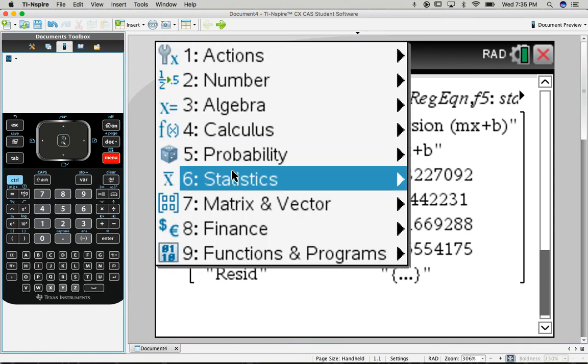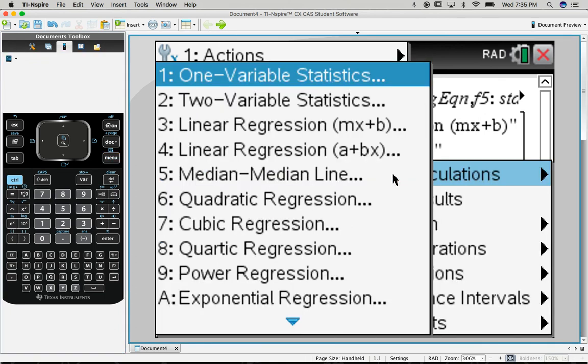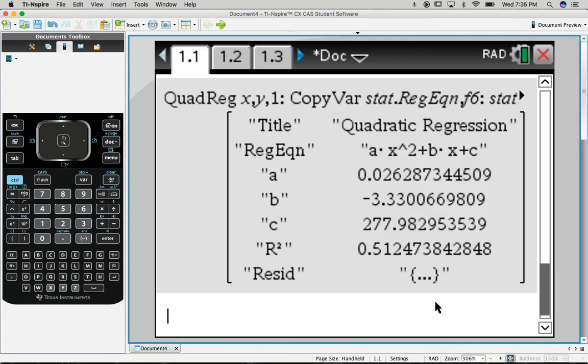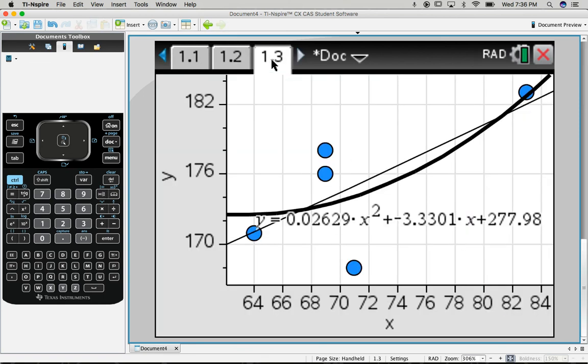This looks like it's a little bit cleaner to see rather than that other screen where it's all in the table and whatnot. And if that's easier for you to see, by all means, please use this. But there's your quadratic regression. And sure enough, we got 0.026x squared, which is the same here, and the same here. Three different places on the graphing calculator that you're able to use it.